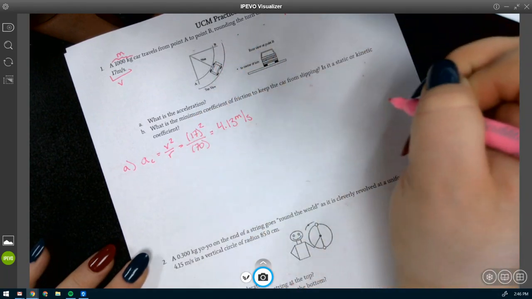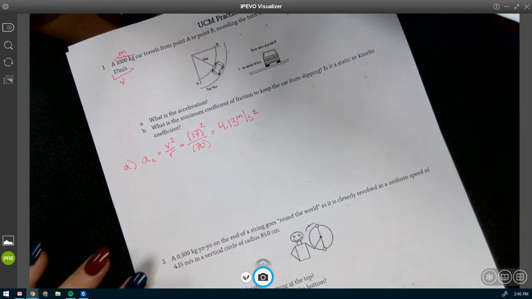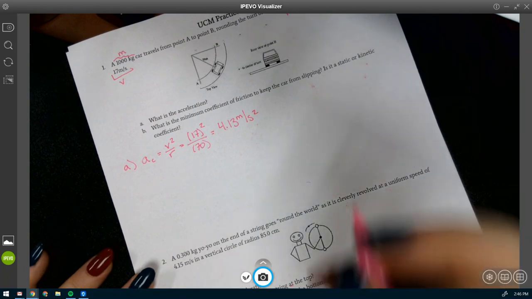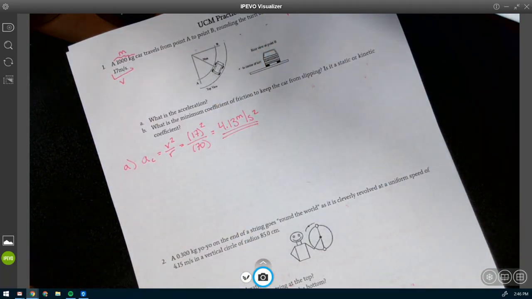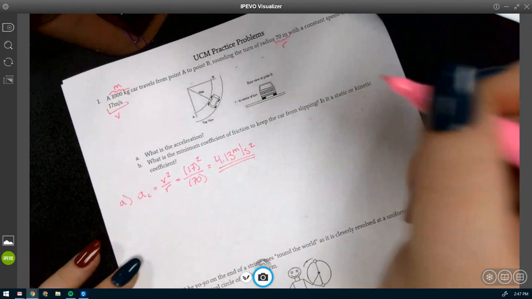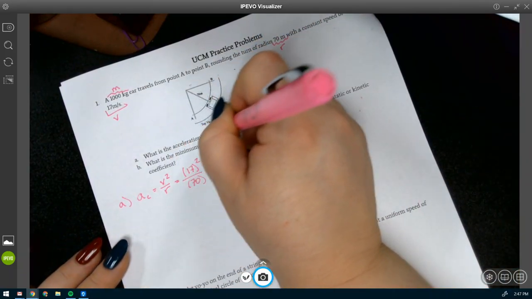And it's an acceleration, so it's meters per second squared. And so even though we're going at a constant speed, we knew there was an acceleration because we're going in a circle.